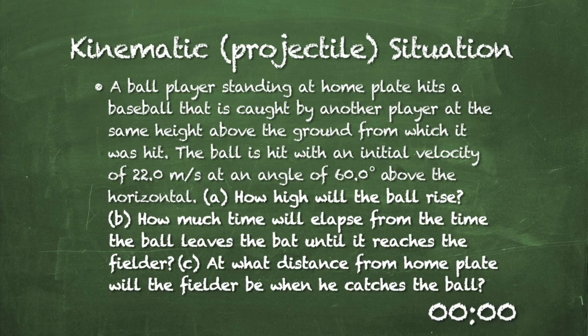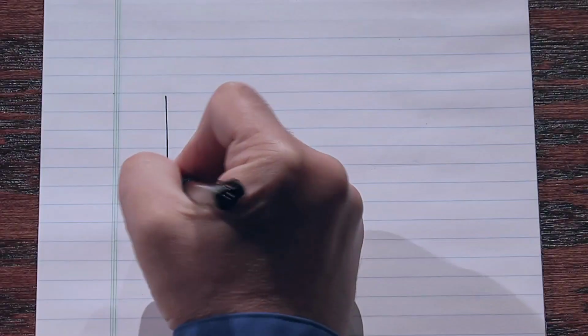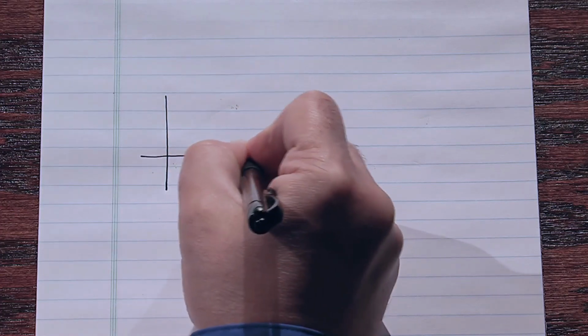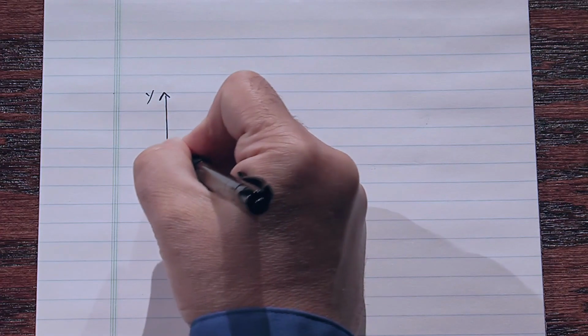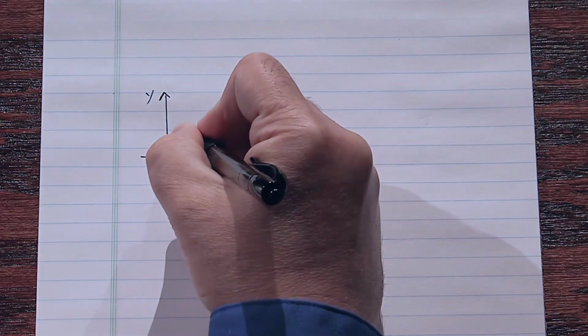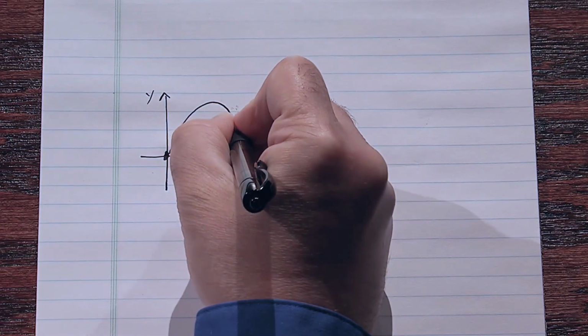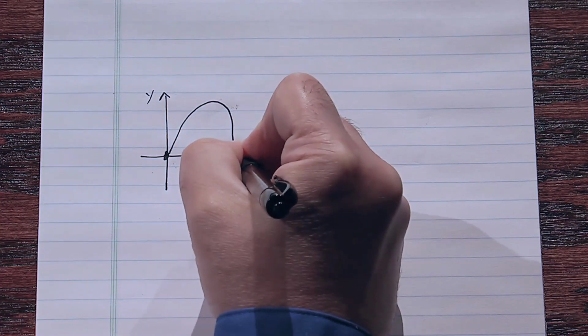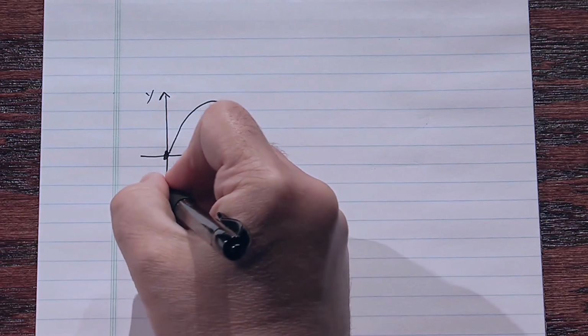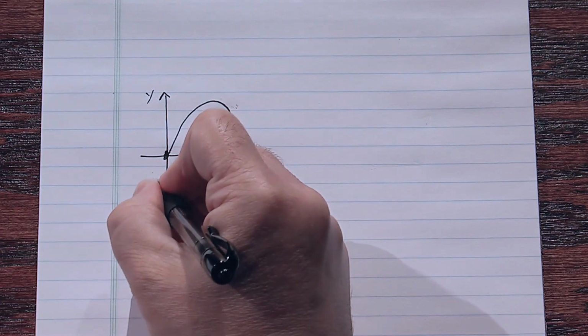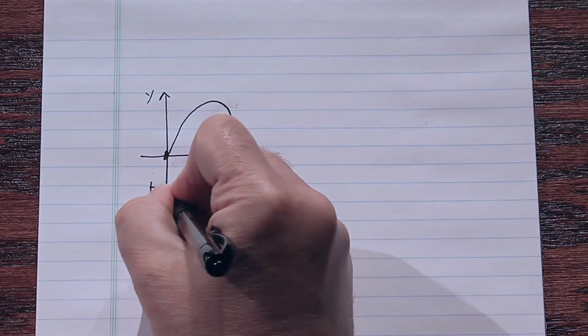Okay, let's draw our diagram for that situation. I have x and y. The ball starts from here. Now it goes up in the air and it comes back down to the ground. Draw it in its parabola. And just as last time, we have t initial equals 0.